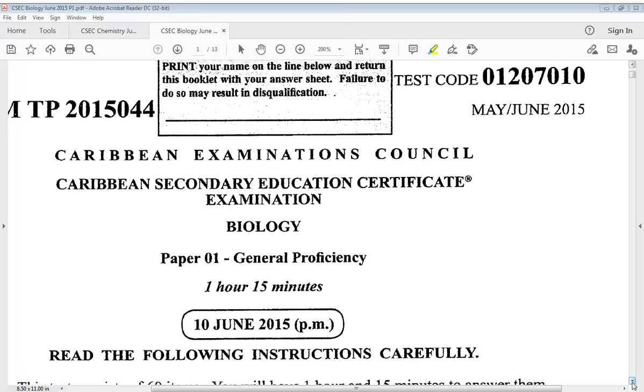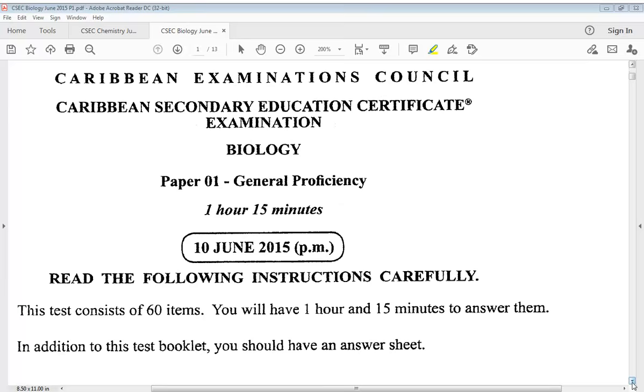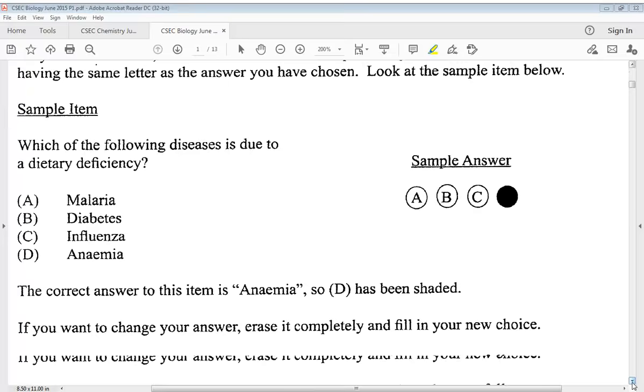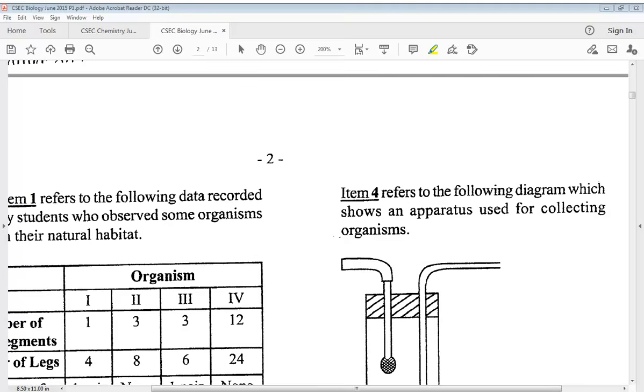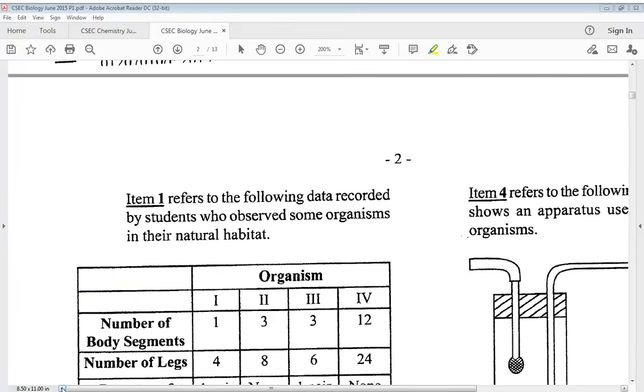So let's get into the questions. This is going to be a quick paper where I'll just give you the answers to these questions. Item 1 refers to the following data recorded by students who observed some organisms in their natural habitats.